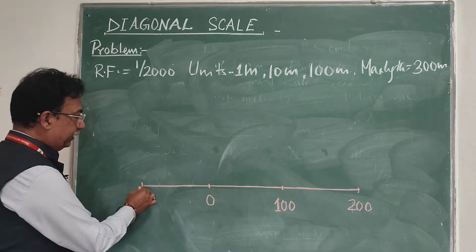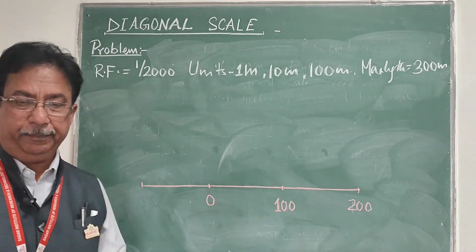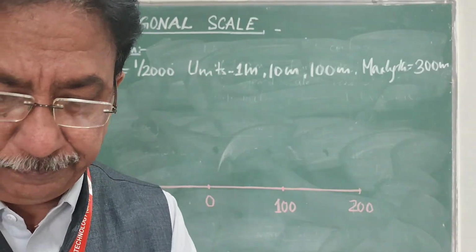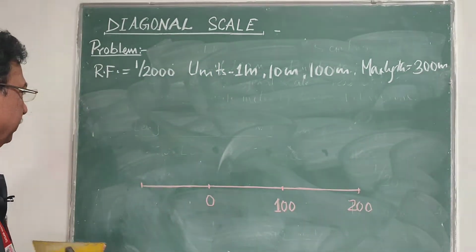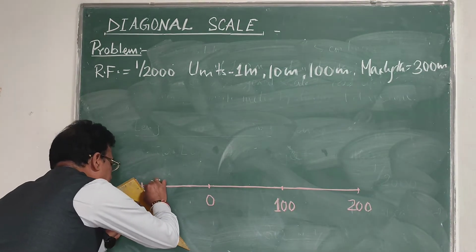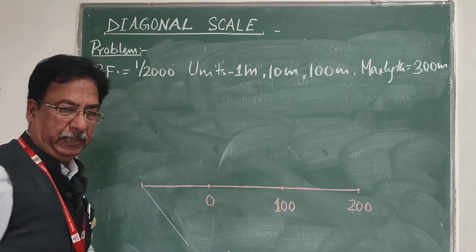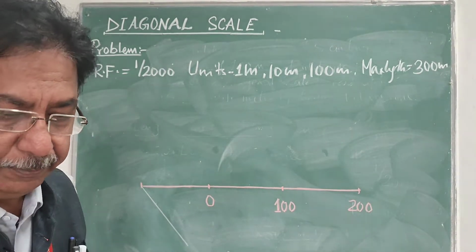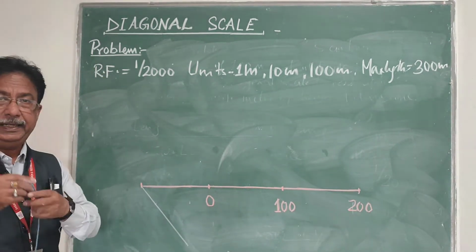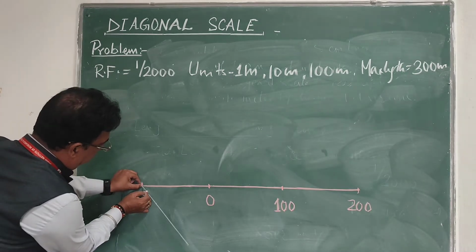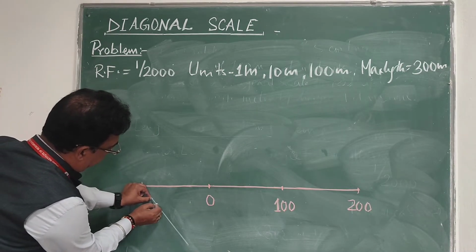Now if I divide the first part again into 10 parts, then one part will represent a distance of 10 meter. So with the help of geometry, that method we used earlier, that same method I am going to use to divide this line into 10 parts. Now take any distance in the divider and mark 10 equal markings on this line.